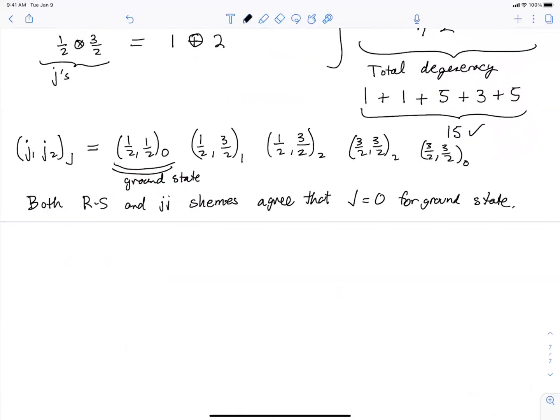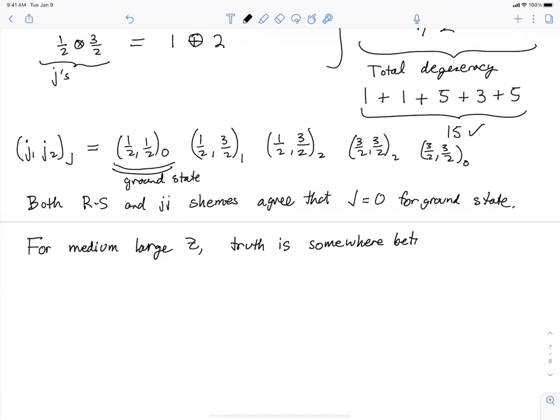Okay, and so what happens in the real world is that for medium large Z, the truth is somewhere in between the two extremes. So somewhere between Russell-Saunders and JJ schemes.